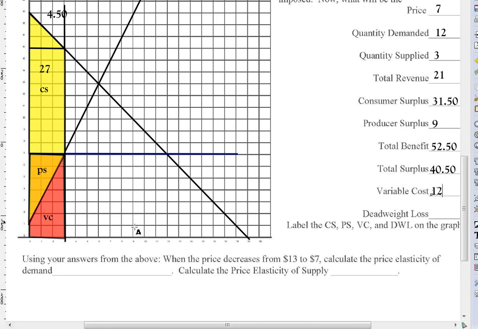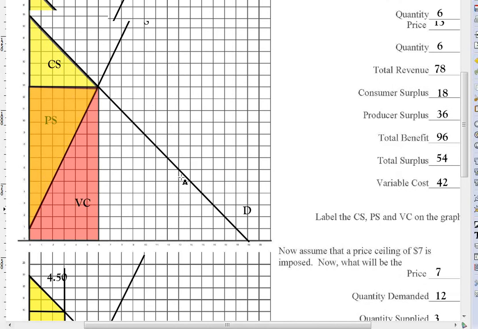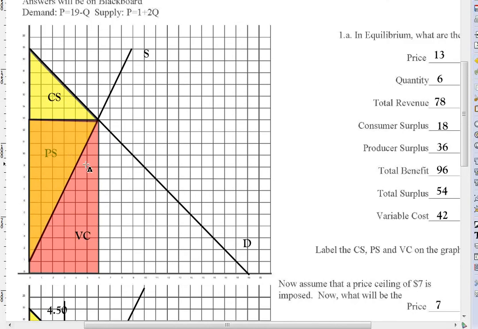Now the deadweight loss. When we're looking at the deadweight loss, what we want to do is say, look, up here, all the orange and the yellow, that whole big shape was producer and consumer surplus. Now let me draw that shape just so we can really focus on exactly what it is we're doing.